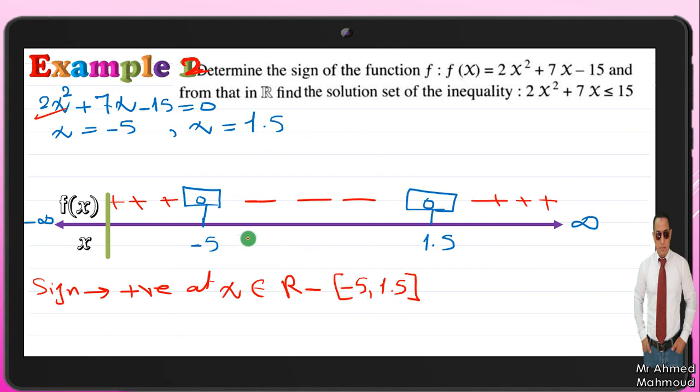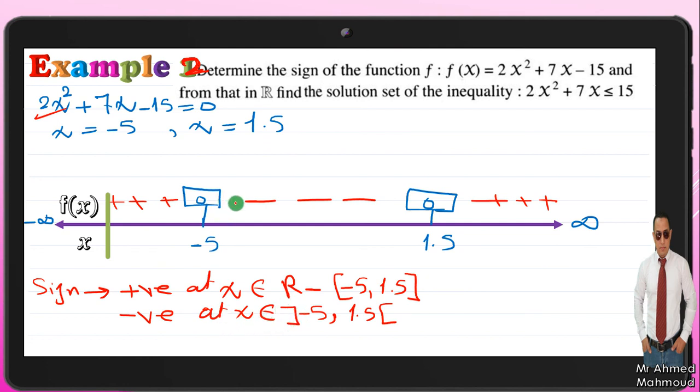Why closed? Because I need all R except zeros and except the negative, so it must be closed. And it is negative at x belongs to from negative 5 to 1.5 opened. Why opened?